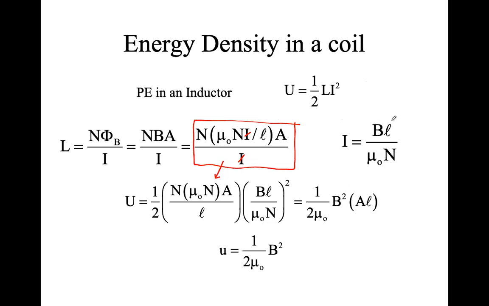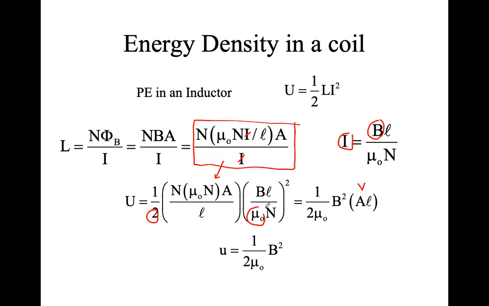What I did here is I took the magnetic field in a coil and I divided it by the pieces that leave me with current, and I squared that. And if you do that, what you find is you get a cross-sectional area and a length. That's just the volume. And I get a whole bunch of constants left over. Let's see, I got that guy and I got that guy.